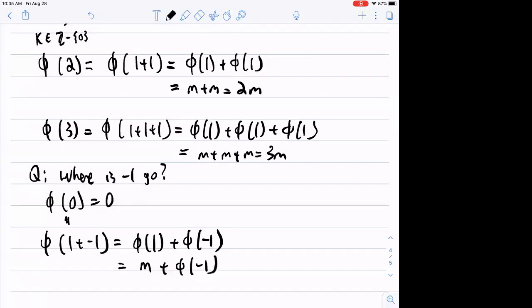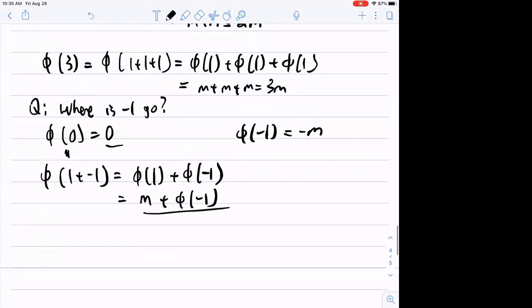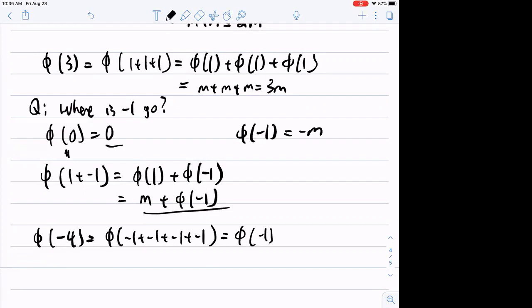So I have m plus phi of -1 is 0. So you see phi of -1 has to be -m. So every negative integer, like phi of -4, is phi of -1 plus -1 plus -1 plus -1, which by the property of isomorphism has to be this. Which is, well, phi of -1 is -m, so -4m.